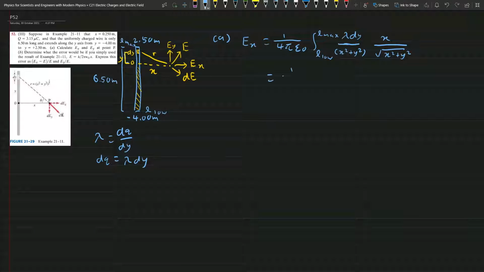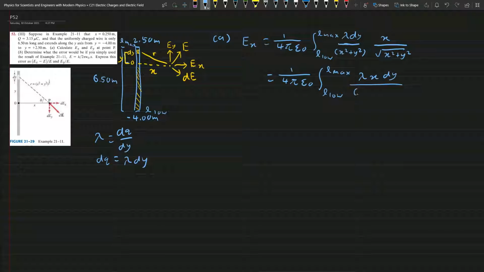So from here you can see this is lambda x dy over x squared plus y squared to the power of 3 over 2, right?